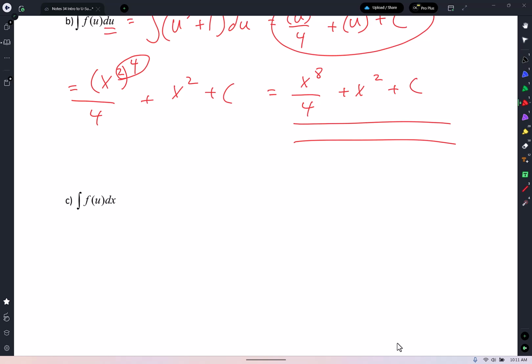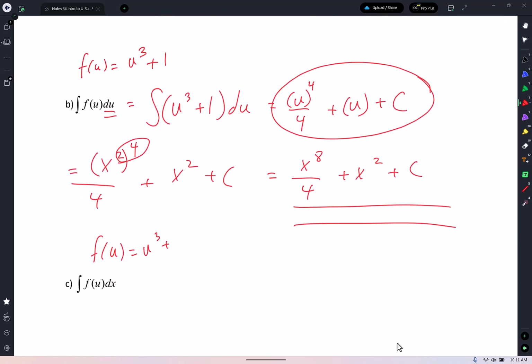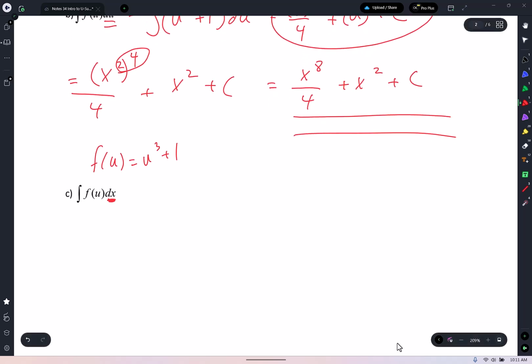So this one has the integral of f of u dx. So remember what we said f of u was. f of u was u cubed plus 1. But can I integrate right now? No, I need to integrate with respect to what letter? x. So I need to change this. How do you change it?